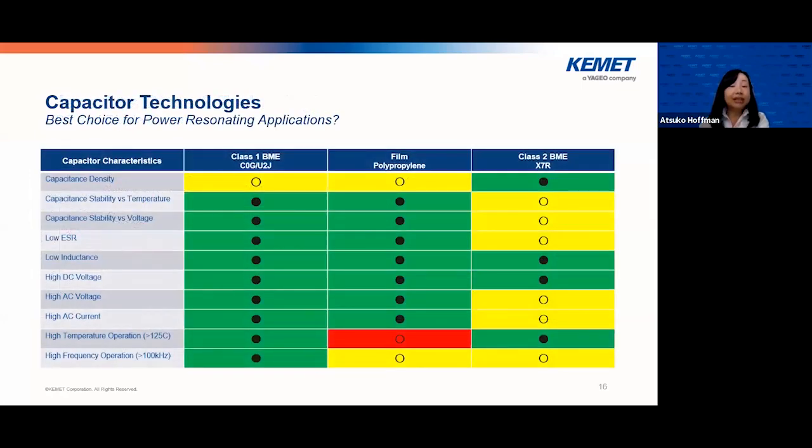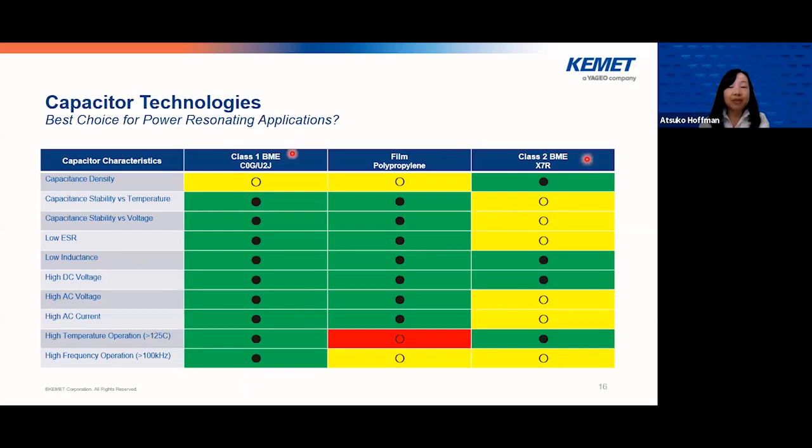So what is the best choice of capacitor technology for high frequency power resonating applications? In this table, on the left-hand side, we have the required capacitor characteristics. And then we compare different capacitor technologies: class 1 dielectric MLCC, polypropylene film, and class 2 MLCC.